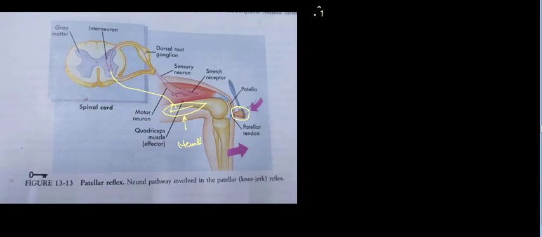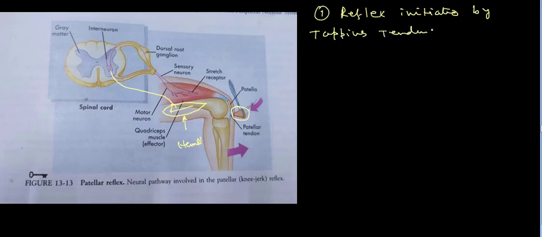So here the reflex is initiated. In the case of the knee jerk reflex, the reflex is initiated by tapping the tendon, which is connected with our quadriceps muscle, right?